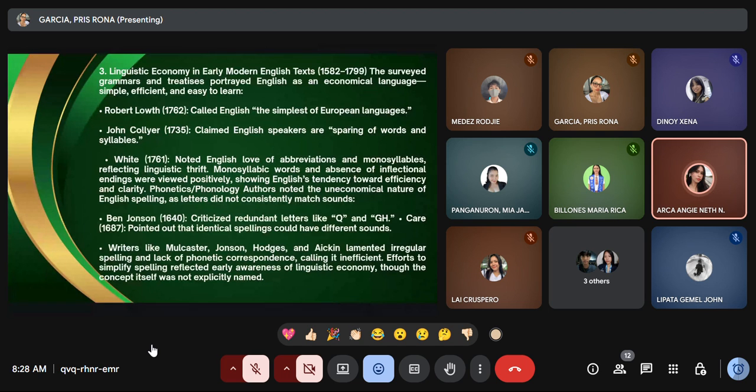We also have here other writers like Mulcaster, Johnson, Hodges, and Aiken. They also complained about irregular spelling and the lack of a clear match between how words are written and how they are pronounced. Because of this, many people at that time suggested simplifying English spelling to make it more logical and efficient.